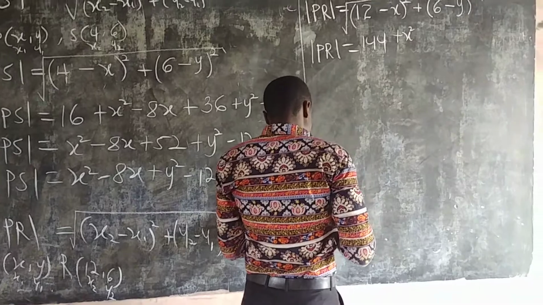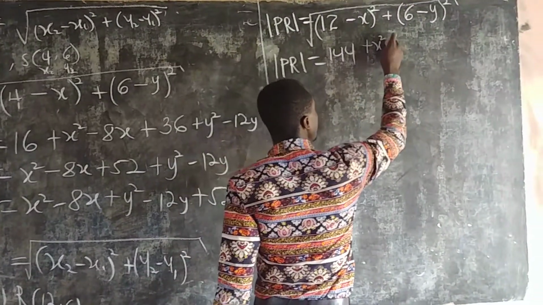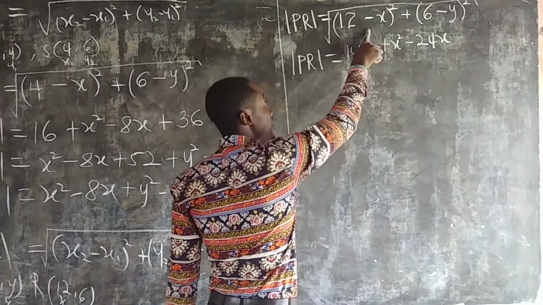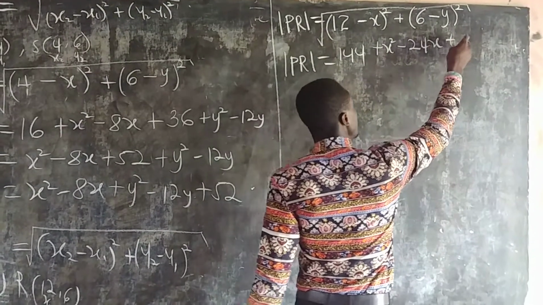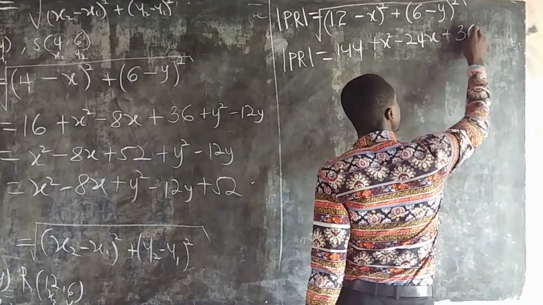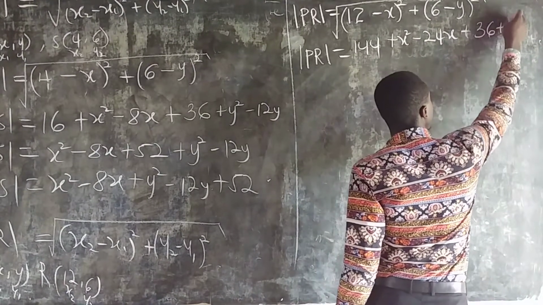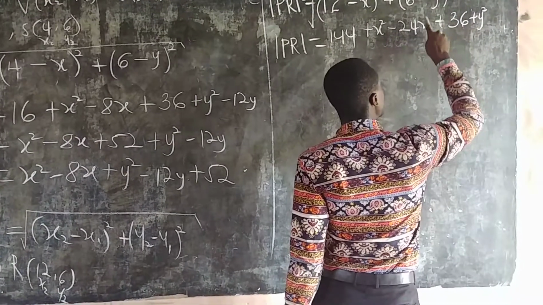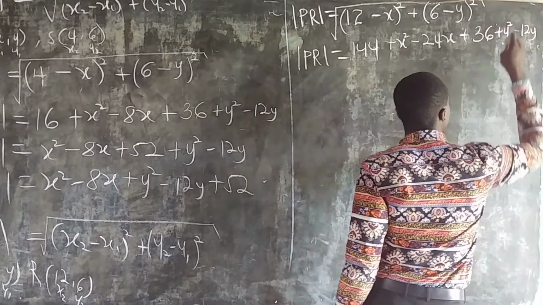So 12 times 2 will give you 24, times negative x will give you negative 24x for the first binomial. Plus 6 squared will give you 36. Negative y squared will give you positive y squared, and 2 times 6 is 12 times negative y will give you negative 12y.